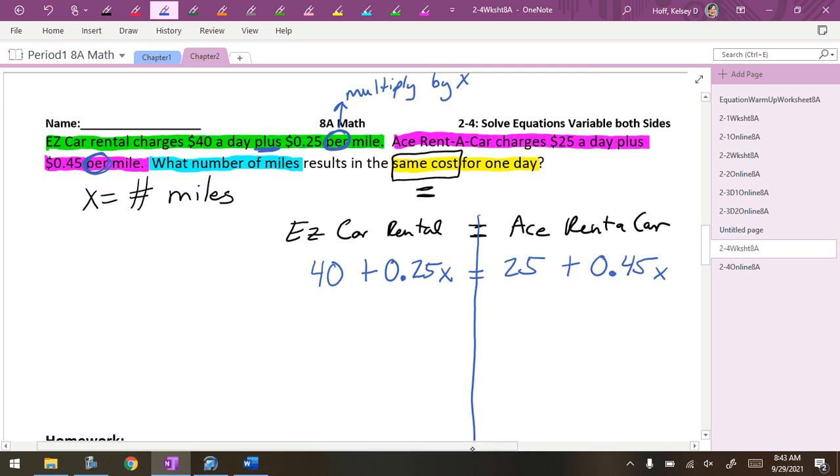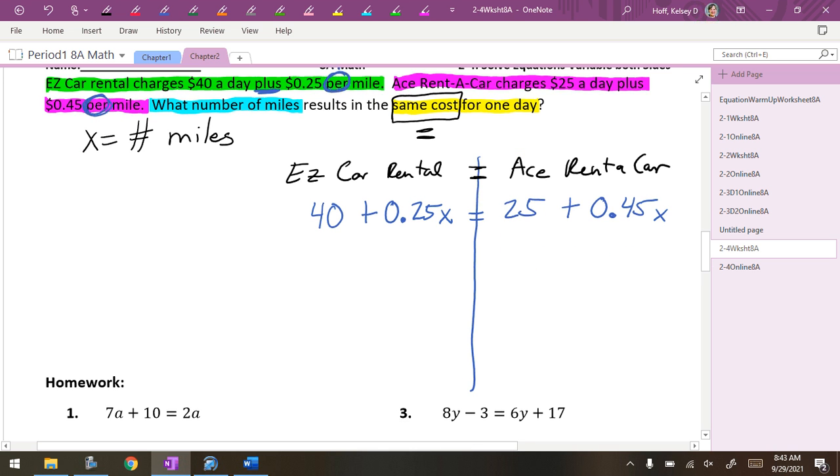All right. Now that we have this written, it's exactly what we were just doing. Miss Liana, I think I'm to you. I need to get my x's together. Do you want to move 0.25 or 0.45? And how are you going to move it? Very good. Subtract 0.25x minus 0.25x.